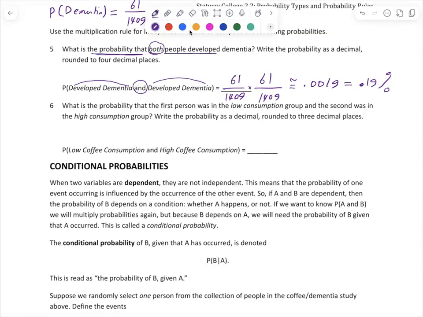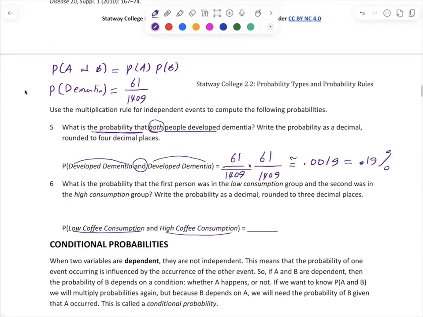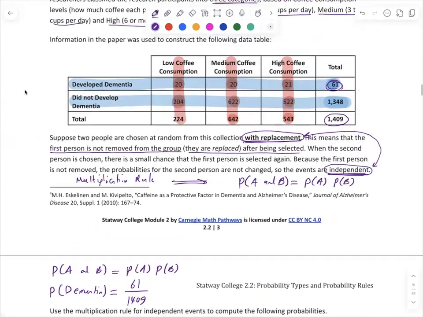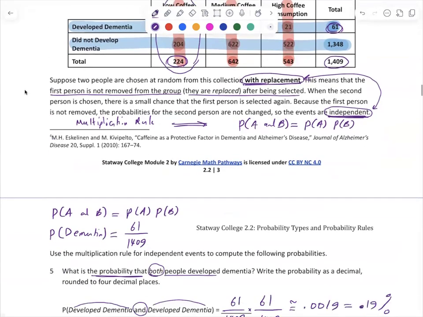We are finding the probability of A and the probability of B. These two are also independent from each other, right? So what is the probability that a person is randomly selected from low coffee consumption group? Low coffee consumption group is this group, right? In total, you have 224. 224 out of 1,409.